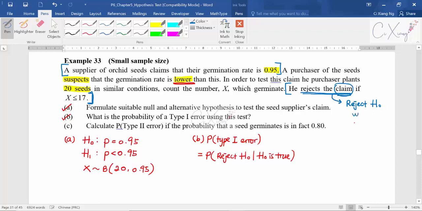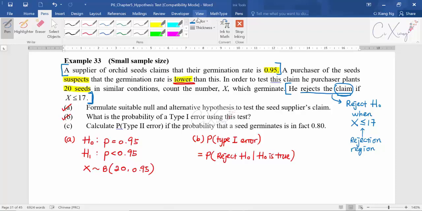Okay, when will he reject the null hypothesis? When X is smaller than or equal to 17. So if X is smaller than or equal to 17 and you reject the null hypothesis, it also means that this is your rejection region. Although the question didn't tell you very clearly, you should try to figure out that this is actually the rejection region.